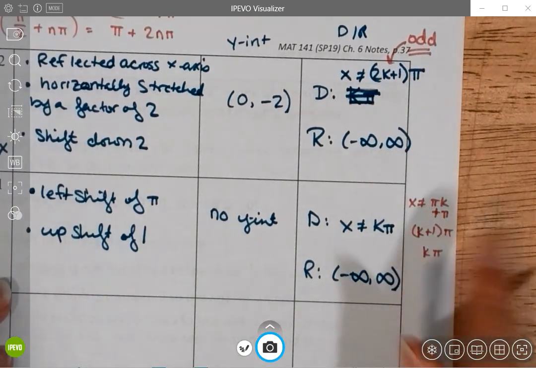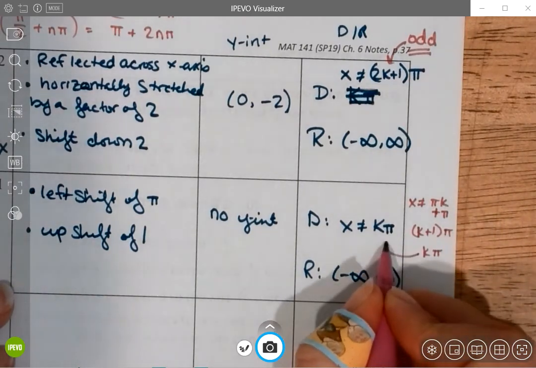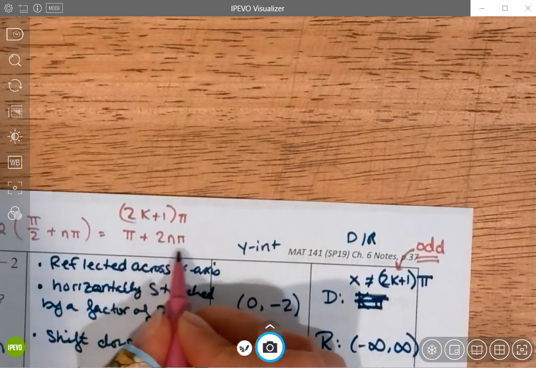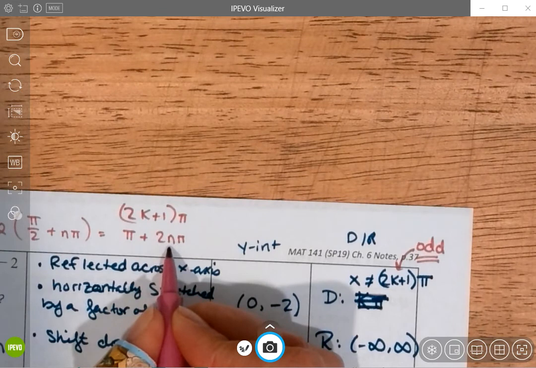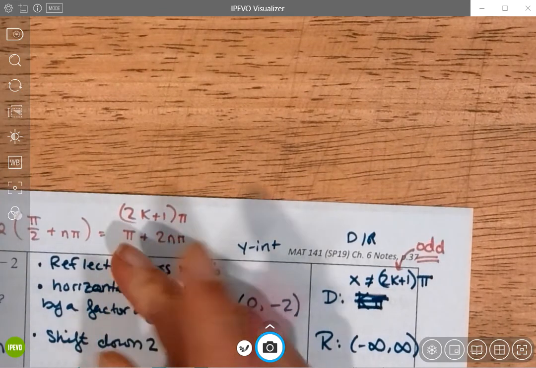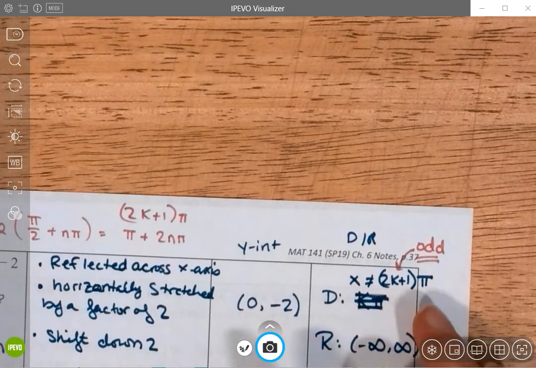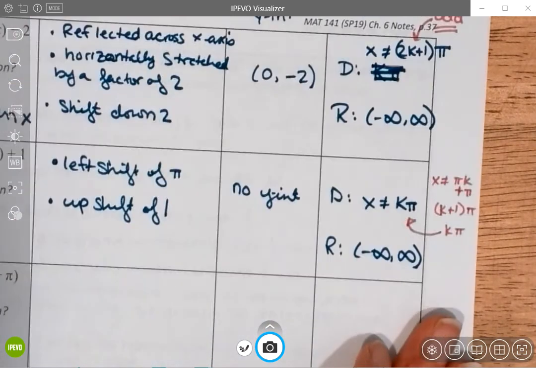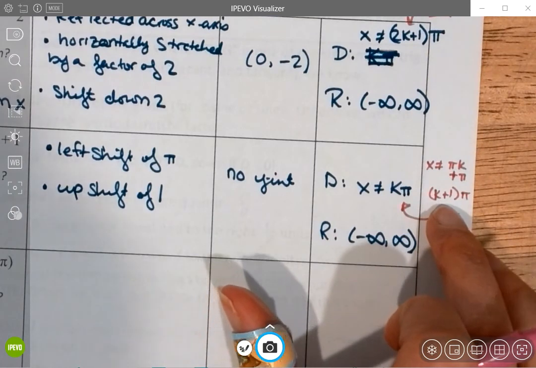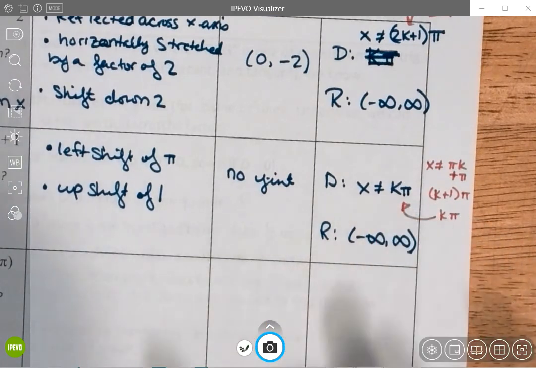The reason it was different in the last one was that I had the 2n, and so no matter what n is, 2n is even, and so 2n plus 1 will guarantee to be odd, and that's why that one made a difference and why I had to write that one in the 2k plus 1 pattern. I don't here because k plus 1 will be odd if k is even, and it will be even if k is odd, so it's just some multiple of pi. Okay.